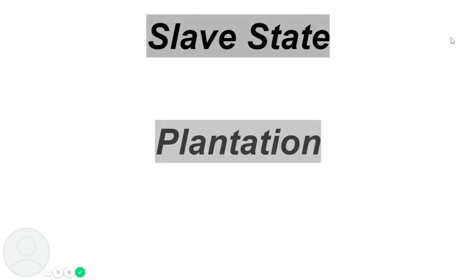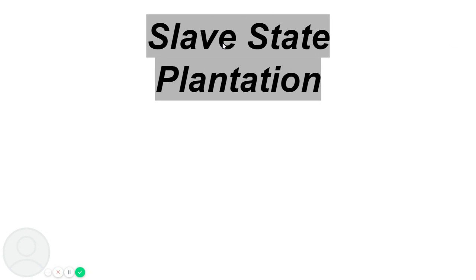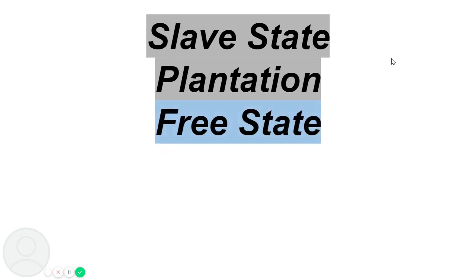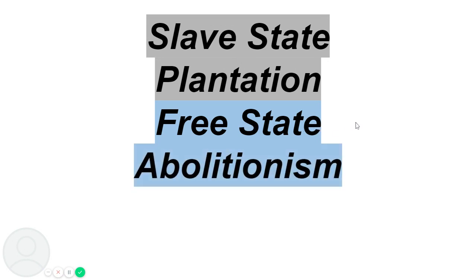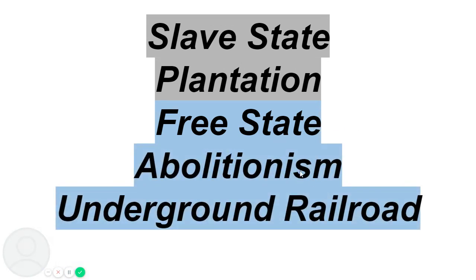Whenever I talk about the pro-slavery team, whether southern slave states or a plantation or something associated with the slave states, I'm going to highlight that light gray so that you will be able to identify that as pro-slavery. Everything else, whether it's a free state, abolitionism, which means the anti-slavery movement, or the Underground Railroad, is anti-slavery, and those are going to be highlighted in blue.